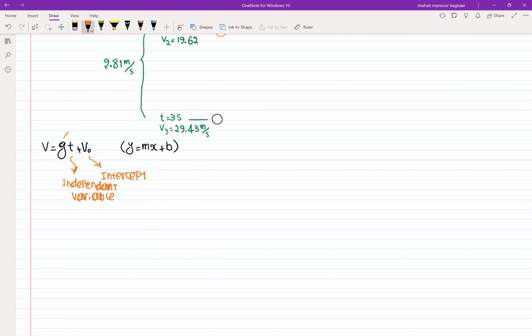What about G? If you compare it with the mathematical equation, it is the coefficient of the independent variable, or a slope. Therefore, this is a slope. In other words, a slope of the V equation on the graph is gravity. And V is the dependent variable.